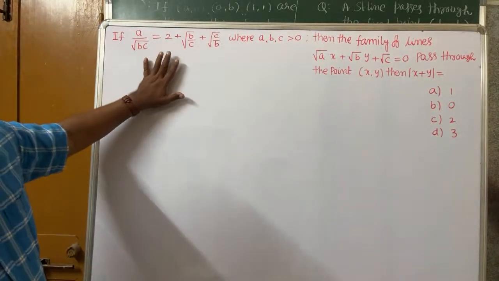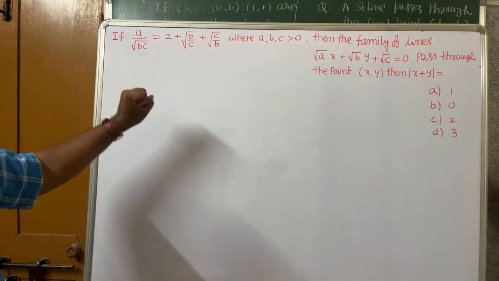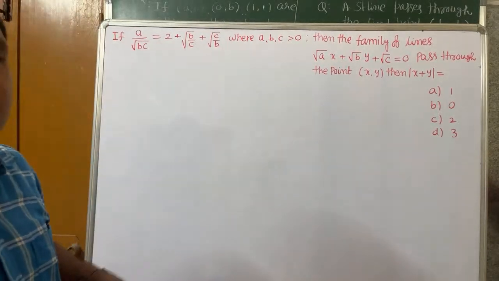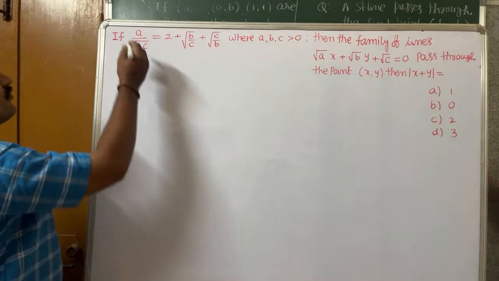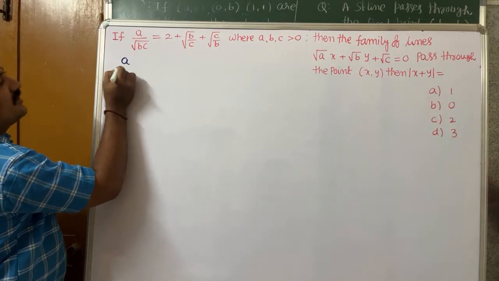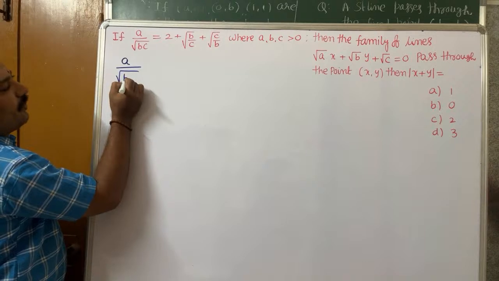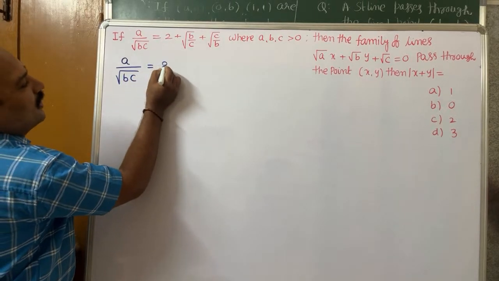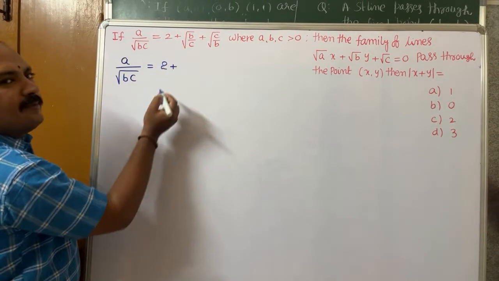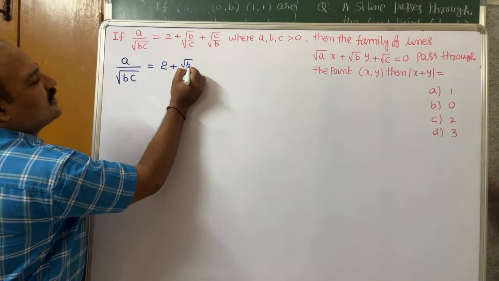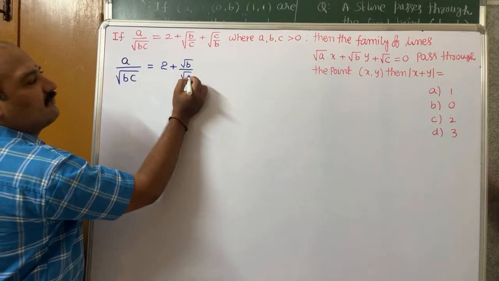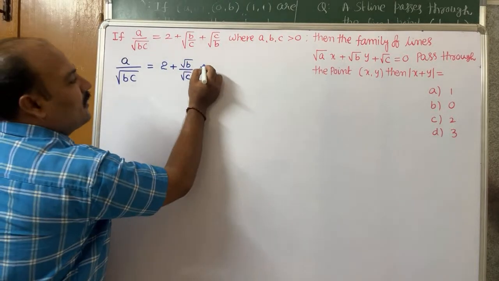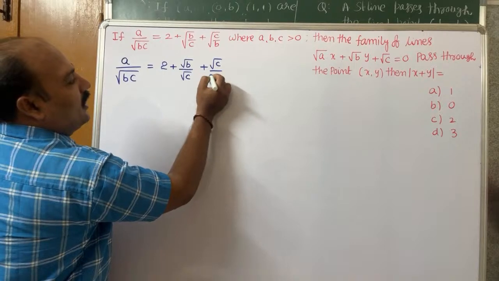First, from the given condition you can get some constant. The condition is a by root bc is equal to 2 plus root b by root c plus root c by root b.